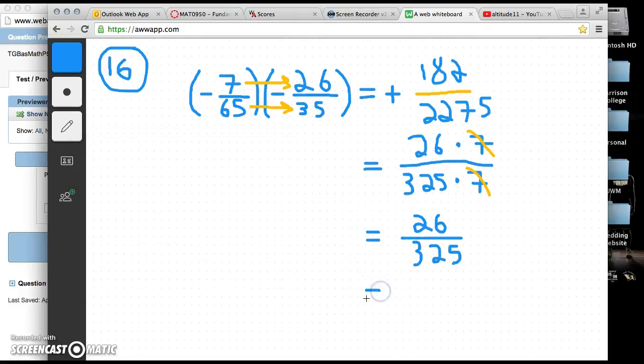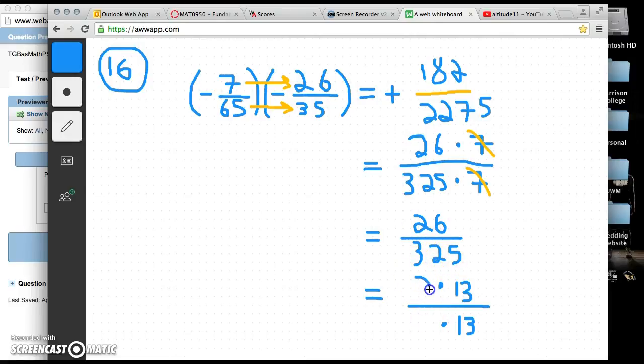So we're going to continue here. We have just seen that 13 is a factor of 26. In other words, some number times 13 gets us to 26. And it is also a factor of 325. In other words, some number times 13 is 325. So what are these unknown numbers?